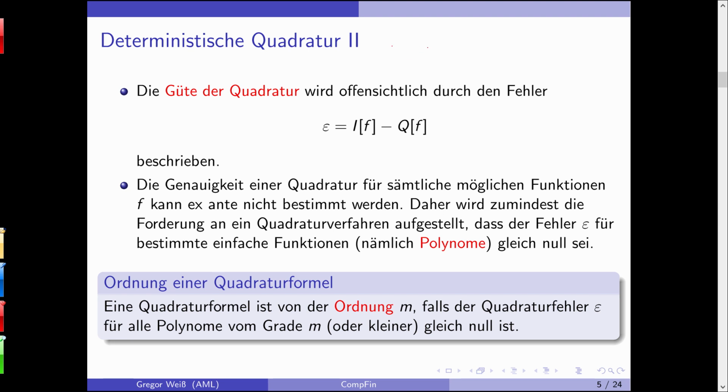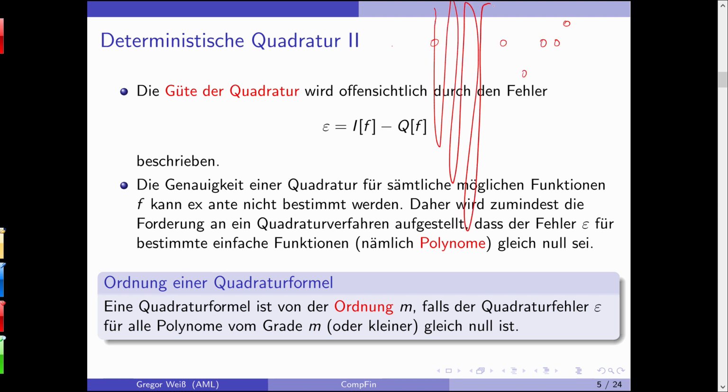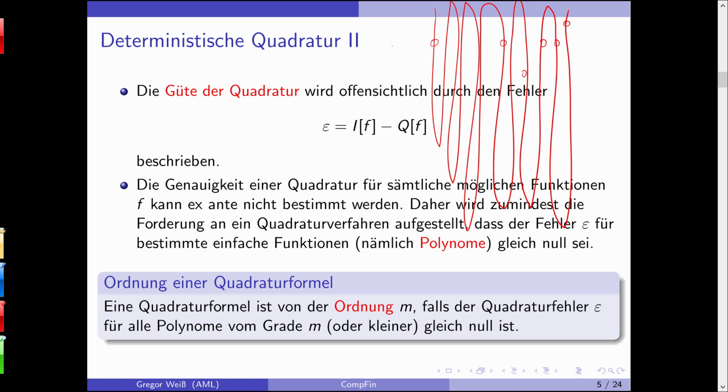For example, if you have function points like this, it will not look like this, but it would rather look like this. And this doesn't really look like the function we are trying to approximate.